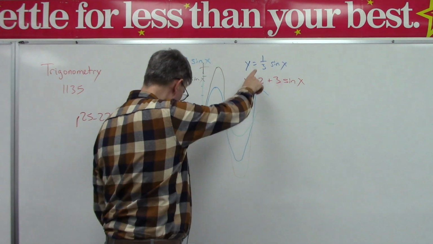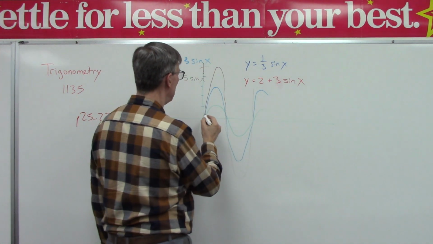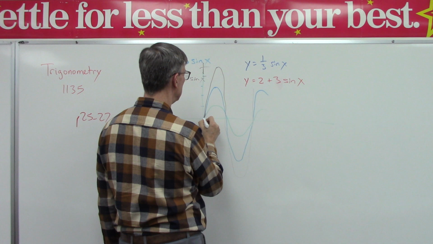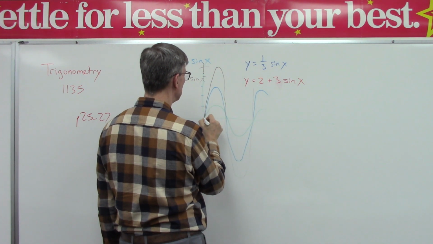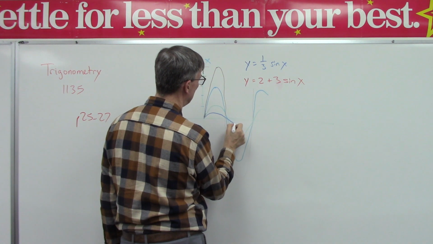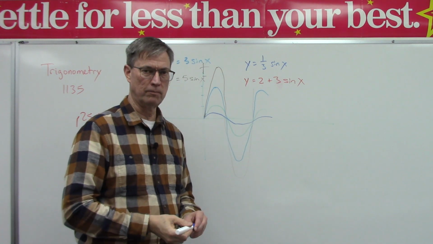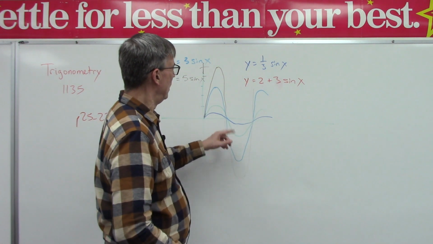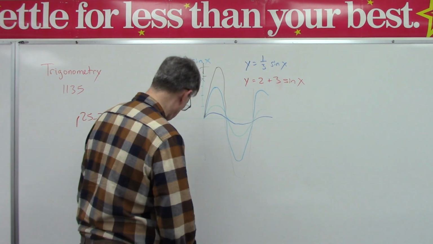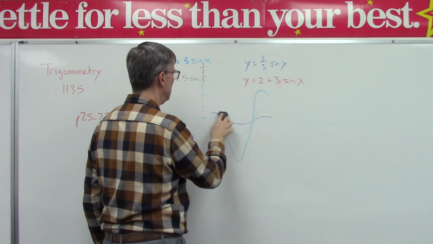And then if it's 1/3 x, that means it starts here, but instead of going all the way up to 1, it's only going to go 1/3 of the way up, still go through there. So very shallow.